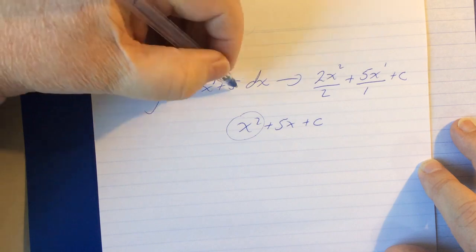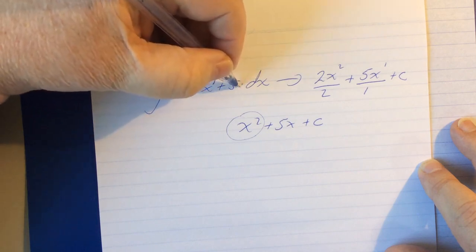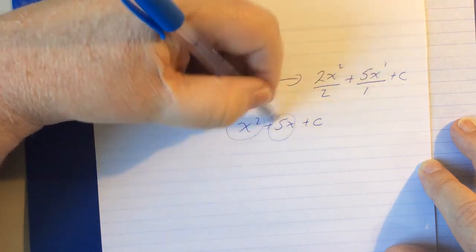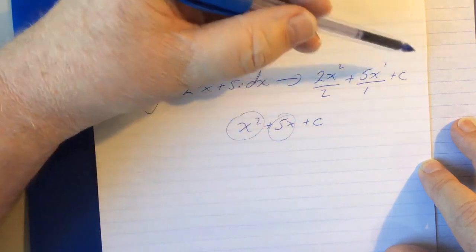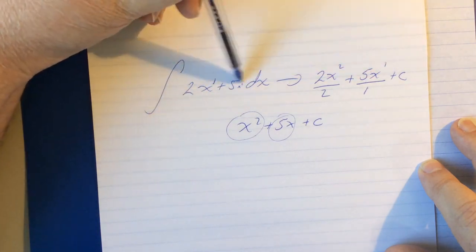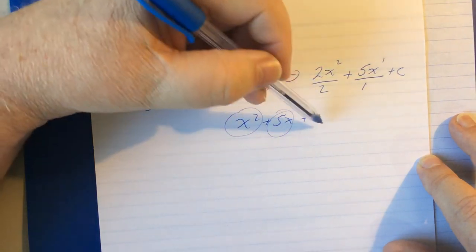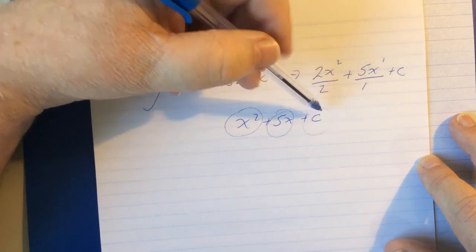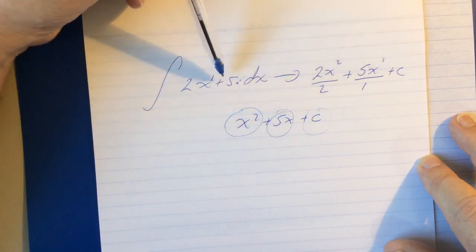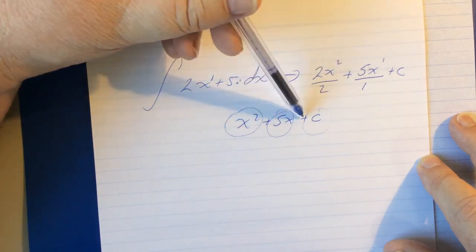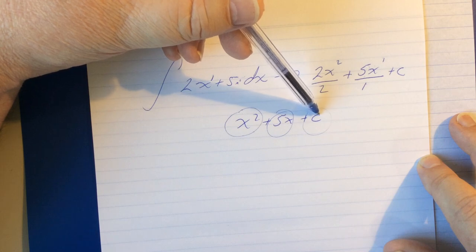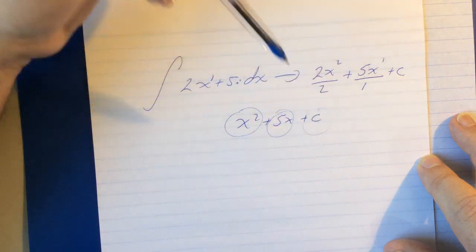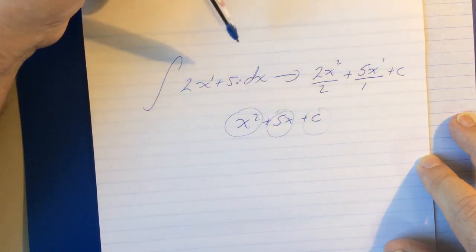We've added 1 here notionally to the x to the power of 0, and divided by 1, which gets us back to this. Our problem is that we have no evidence here of what was here or whether there was anything here. So as a general rule, when you anti-differentiate, you usually wind up with C on the end. Just a note that there is a constant, or there may be a constant that you don't know about.